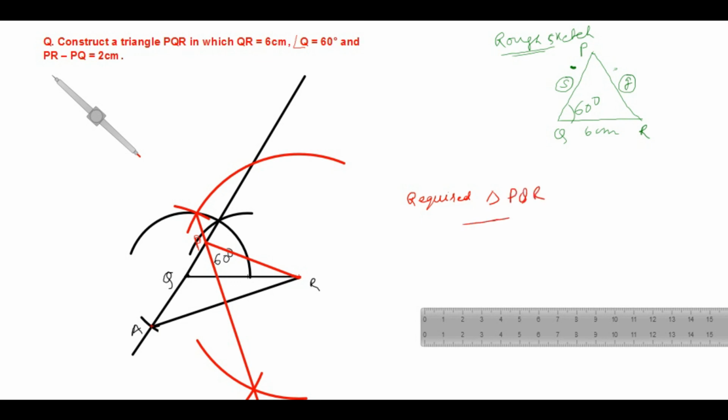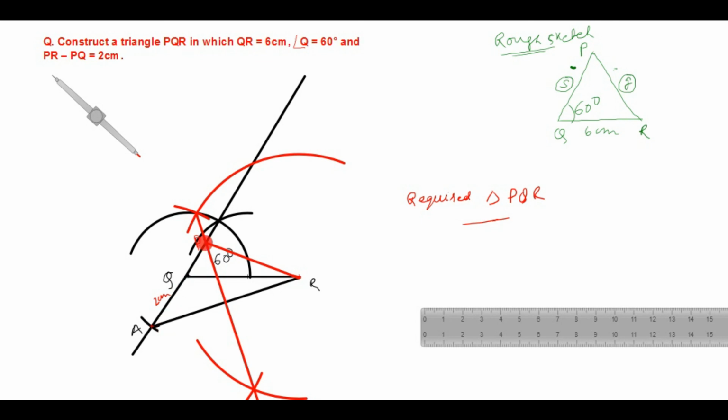So here QR is 6 centimeter, this angle Q is 60 degree, and PR minus PQ is 2 centimeter, as we have taken this difference. This QA we have taken 2 centimeter.